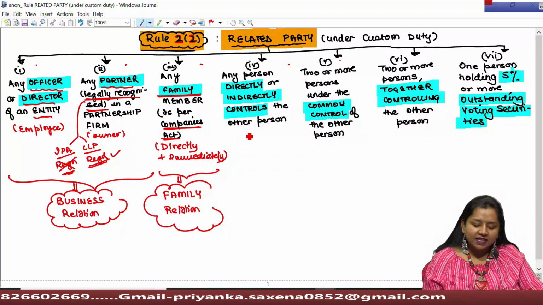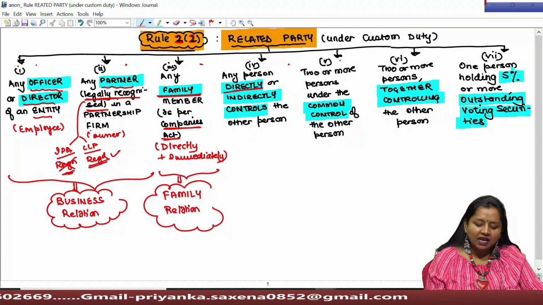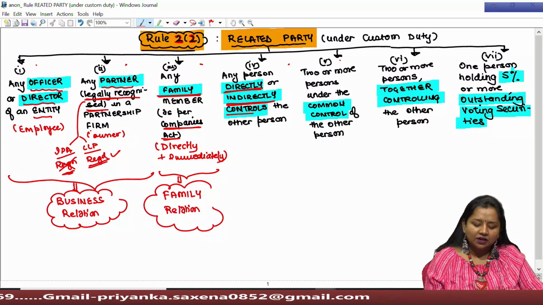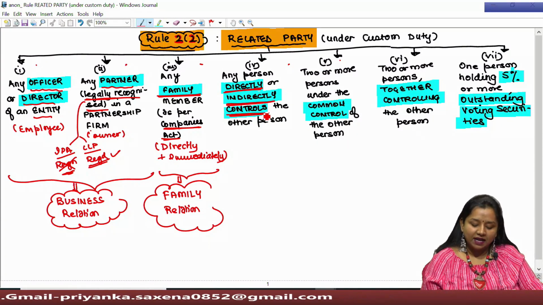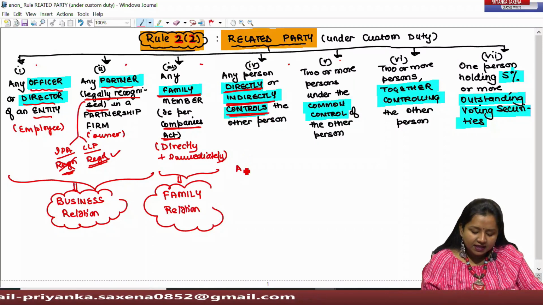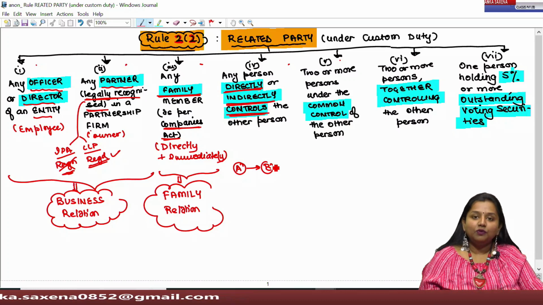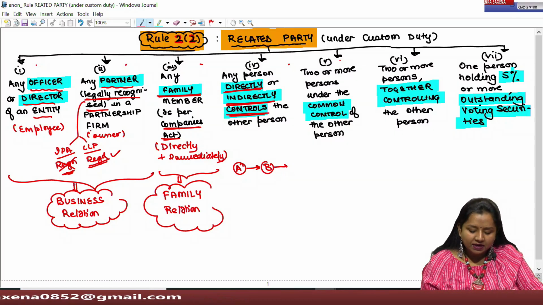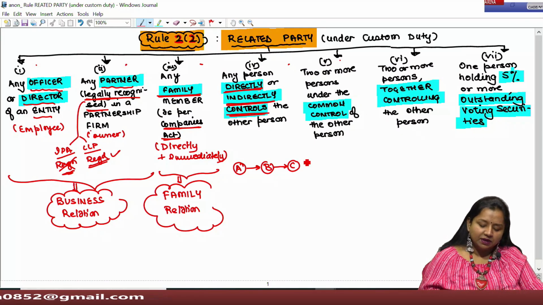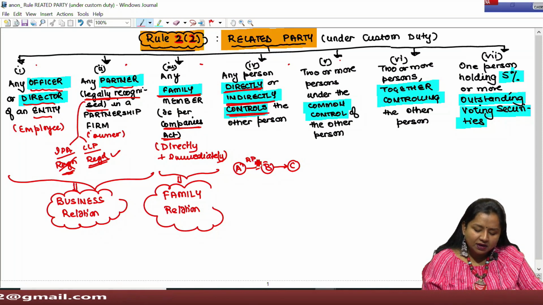Now the next one says that any person directly or indirectly controls the other person. That means if I say that there is a company in the name of A Limited which is having control over B Limited and B Limited is having control on C Limited. So A and B are related party because they are under direct control.